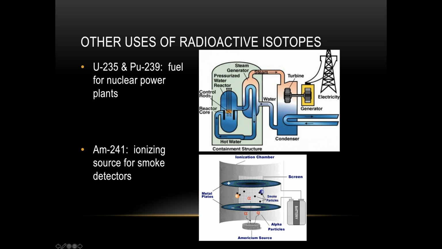So as long as alpha particles are able to freely move between these plates, then electricity will be able to move in a circuit. But smoke particles can stop alpha particles. And once the alpha particles are stopped by smoke, it will break this circuit and trigger an alarm. And this is how smoke detectors detect smoke.